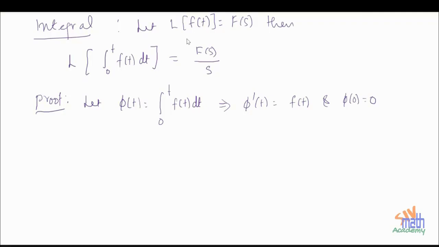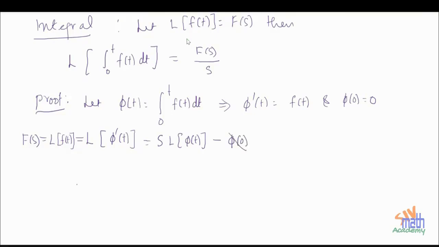So L of phi dash of t is equal to L of f of t, which is nothing but F of s. But the value of this is s into L of phi of t minus phi of 0, and phi of 0 is 0.